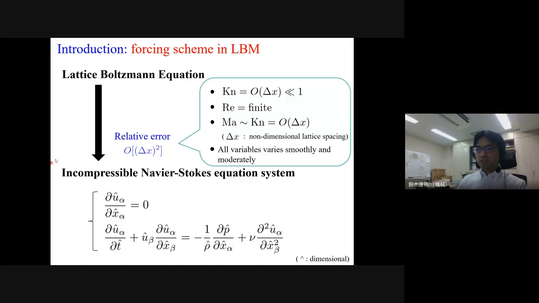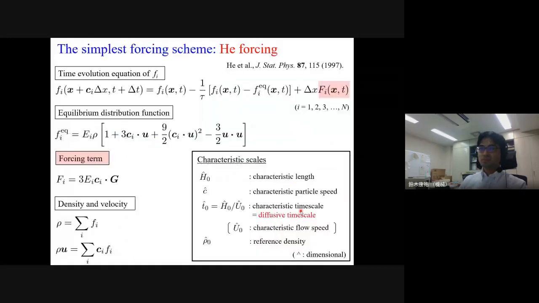In addition, we need to combine the forcing scheme with the lattice-Boltzmann equation in order to consider the external body force. So far, many forcing schemes have been proposed. Among them, the simplest one was proposed by He et al., and we call it He forcing.